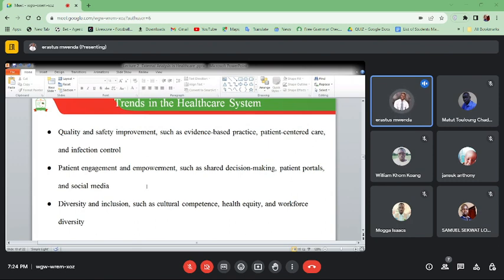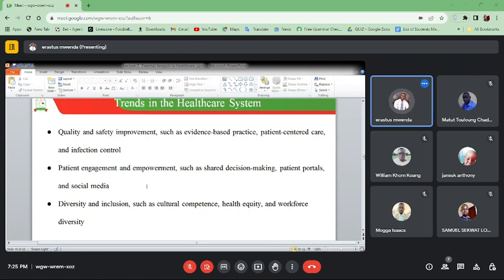Patient portals are just websites where patients can get information. Healthcare has also moved into social media. We gave examples of organizations that are providing information via social media, and this information is educative. People are able to ask questions and get responses from the social media handles of healthcare organizations.